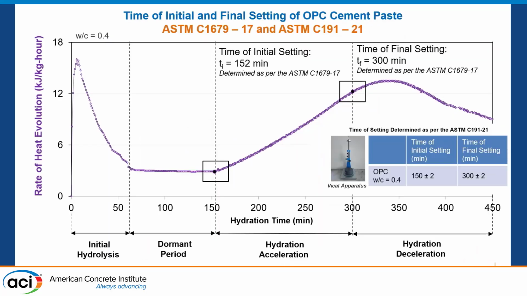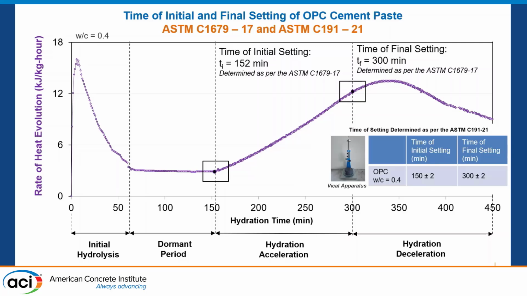First, I will start with the hydration kinetics of cement paste. I want to highlight here that in the first part of my presentation, I'm talking about the neat cement paste without carbon nanotubes within the matrix. And here we see the rate of heat evolution through the hydration time curve of an ordinary Portland cement with a water-to-cement ratio of 0.4. We see the four hydration stages: the initial hydrolysis, dormant period, acceleration, and deceleration.